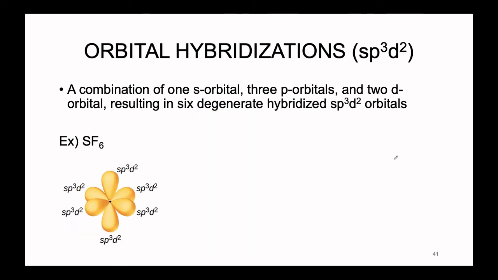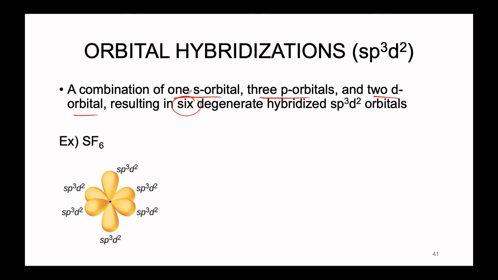Last but not least, we have the sp3d2 orbital hybridization. This is the result of combining 1 s orbital, 3 p orbitals, and 2 d orbitals. So we have 1 plus 3 plus 2 gives us a total of 6 degenerate hybridized sp3d2 orbitals.